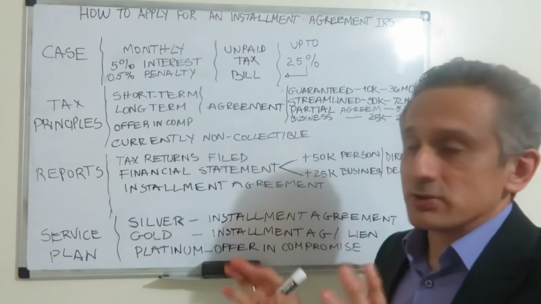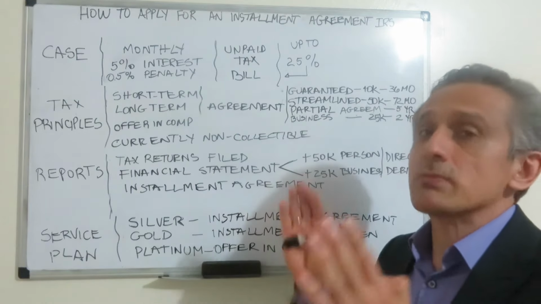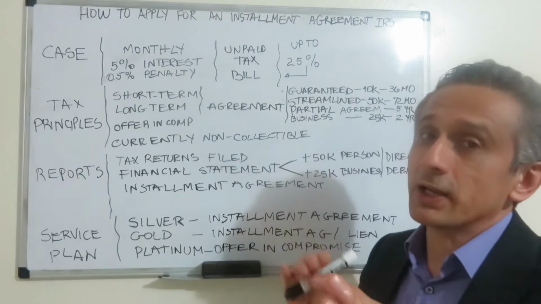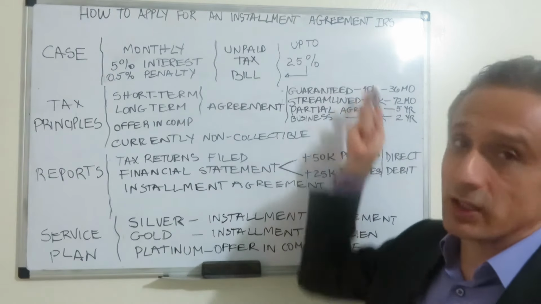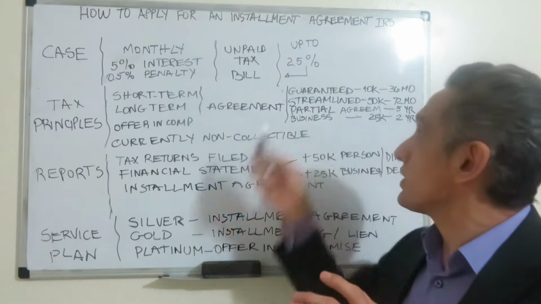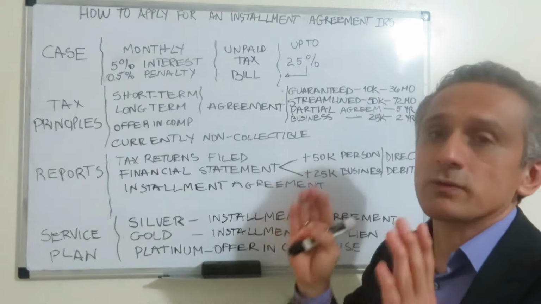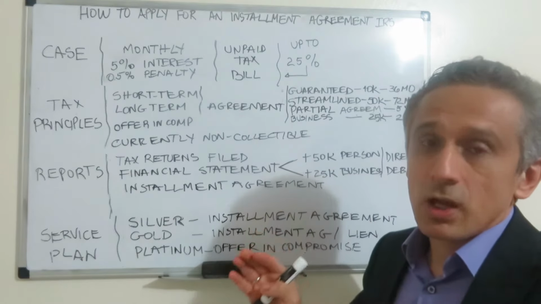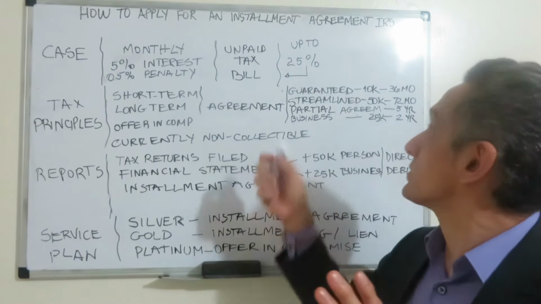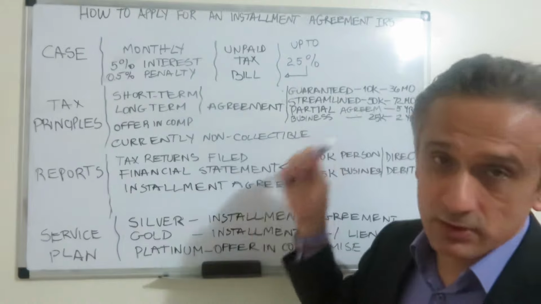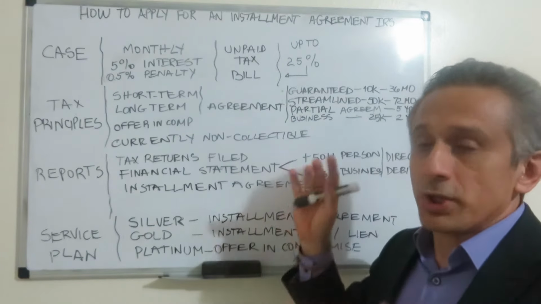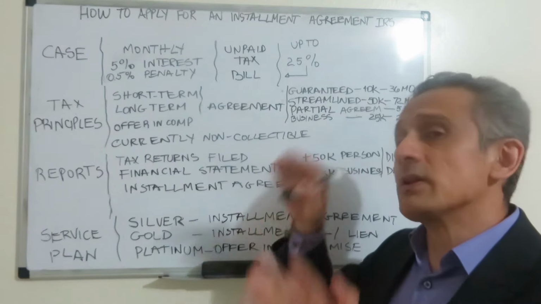Now, in terms of tax principles, there are some different plans that you can apply for depending on the amount that you owe. The first one is the guaranteed installment agreement. This is if you owe an amount of up to $10,000, and the time to pay goes up to 36 months. Now, this is easy to do.